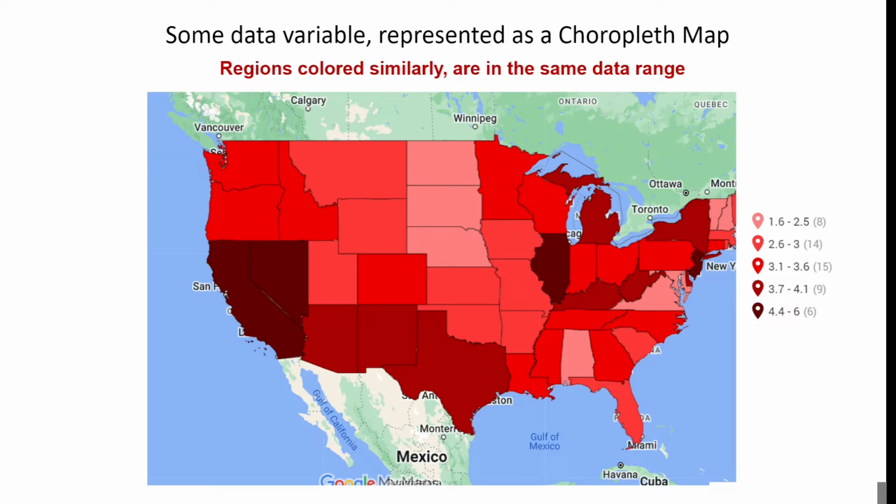So say, for example, in this map, if we are representing unemployment rates, you can see that these three regions or states are in the same range, that is between 1.6 and 2.5, and these three regions are in the same range, that is between 3.7 to 4.1, and these regions and this region are in the same range, that is between 4.4 to 6. So this is what a Choropleth map looks like. So let's see how we can create bubble maps and Choropleth maps in Google My Maps.